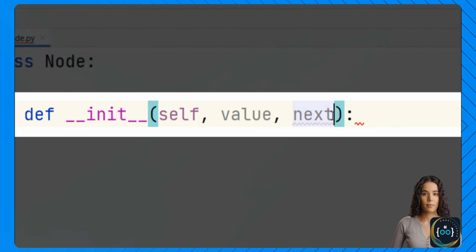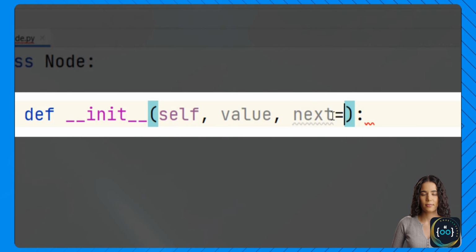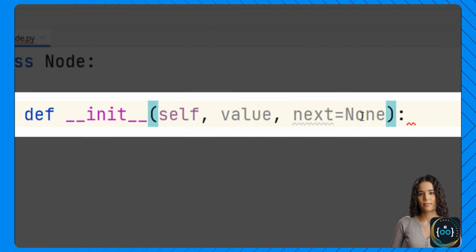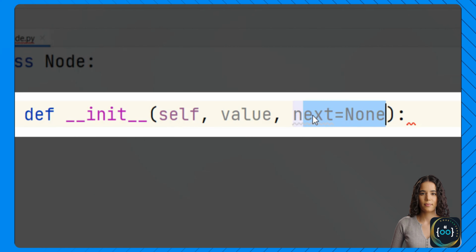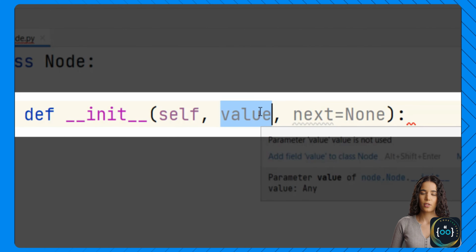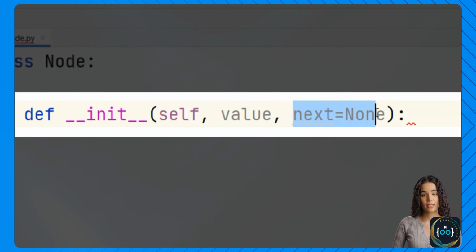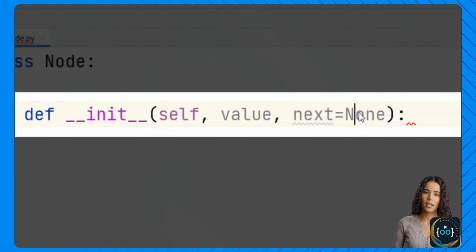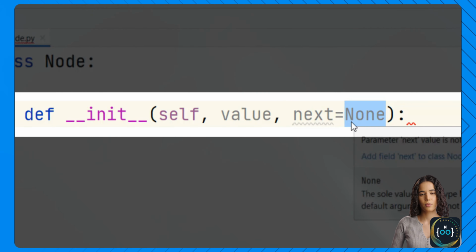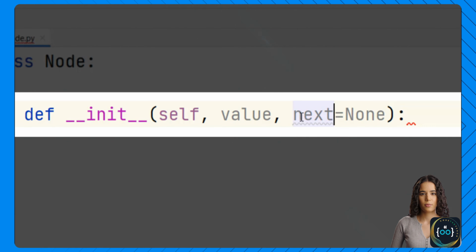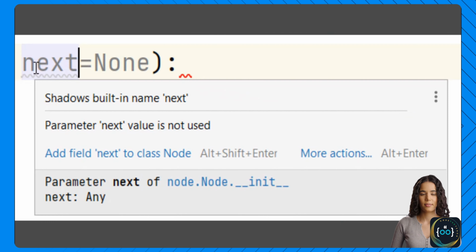You will usually see this reference as next, and we can assign a default value of None. So we make this parameter optional. If the user only wants to specify the value of the node, then he or she can only specify the value. The next reference is not necessary. By default, it will be None. But right here we see a warning that says that next, this name that we chose, shadows the built-in name next.